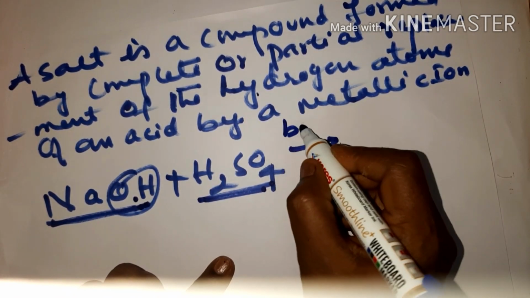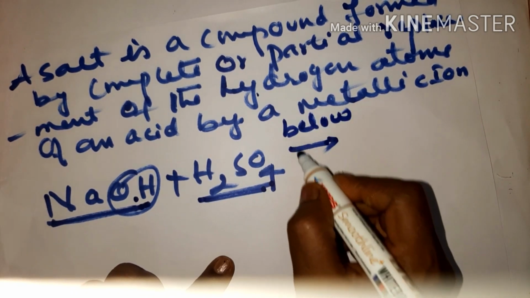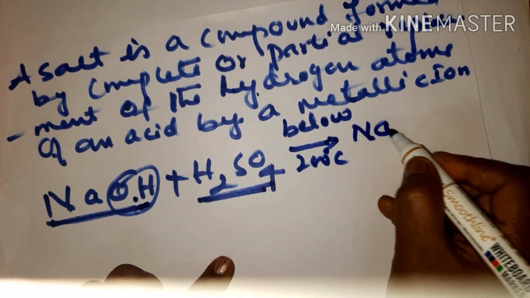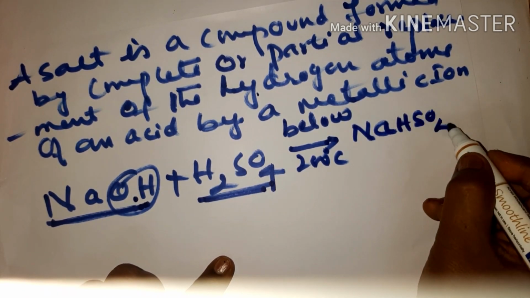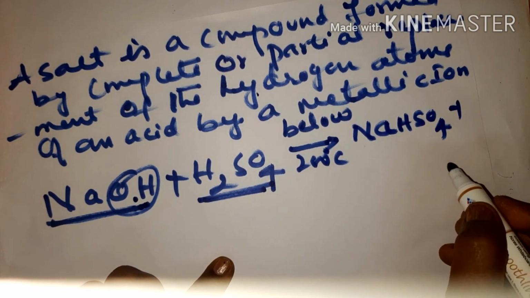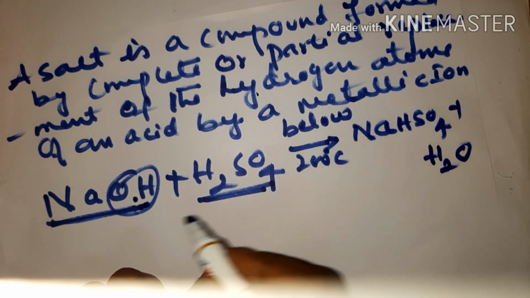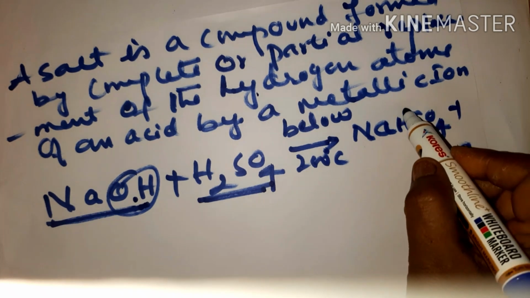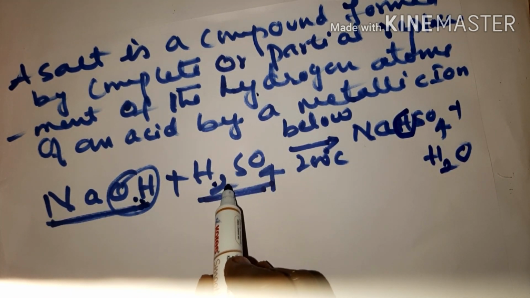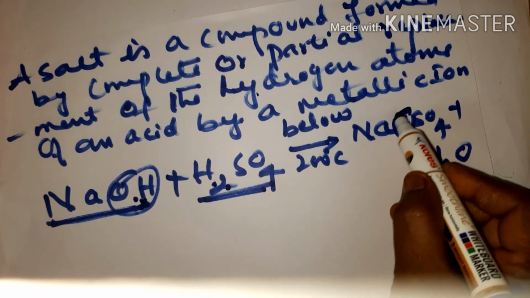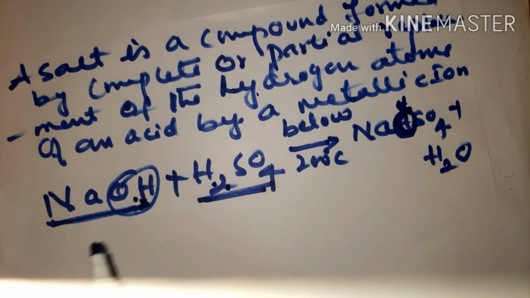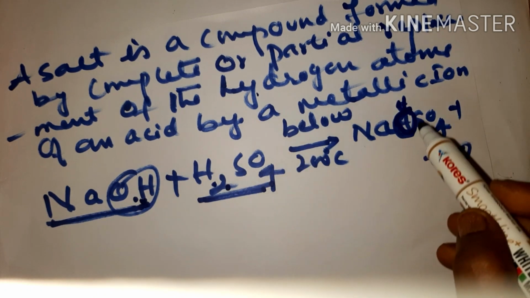Then if you heat this substance below 200 degrees Celsius, you get sodium bisulfate, NaHSO4, plus water. Here you can see partial replacement. Of the 3 H's, the salt is containing 1 H. That means all the hydrogen atoms are not completely dissociated.